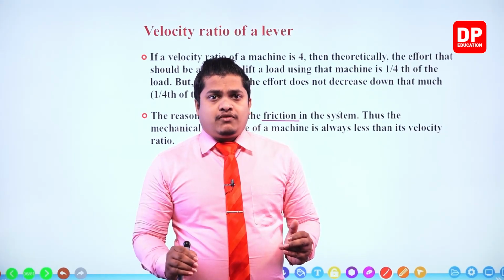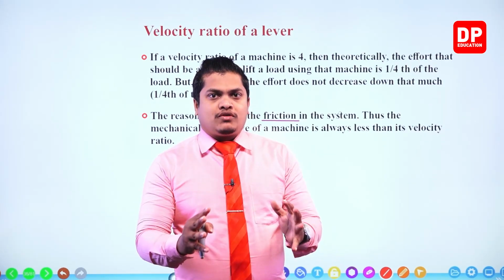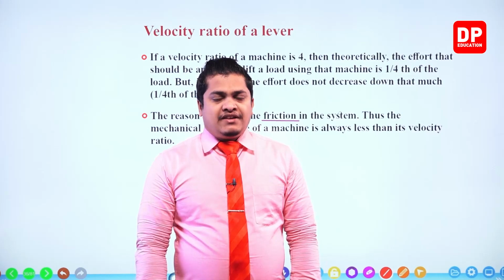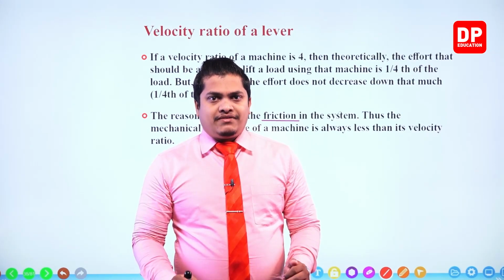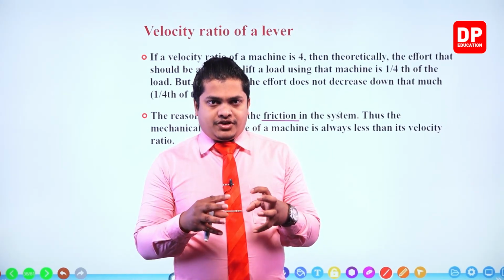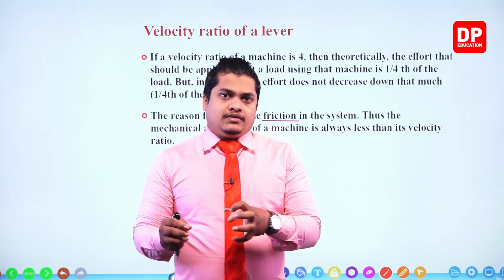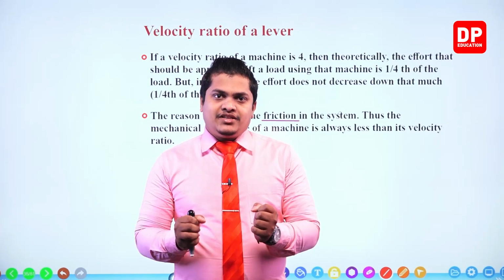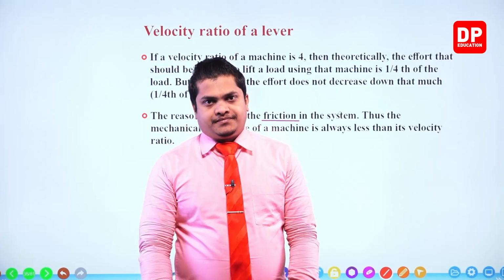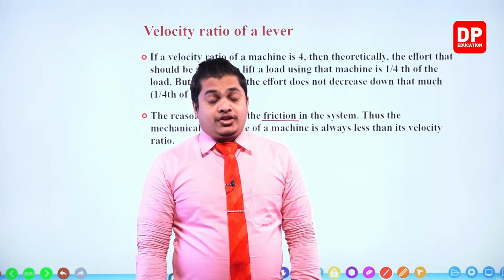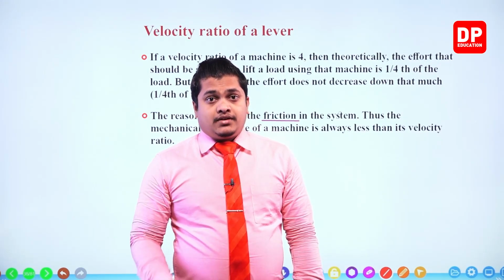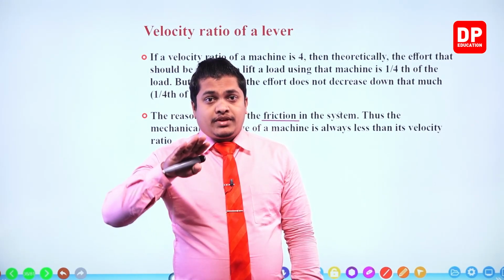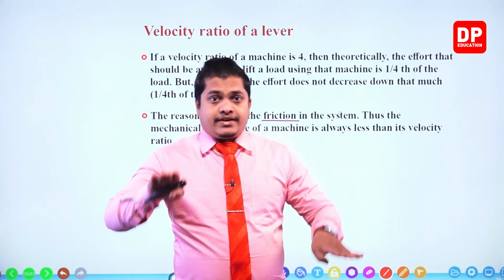Always the frictional force is acting against the motion of an object. Friction doesn't like the motion of an object. Always friction tends to stop a moving object. So my dear children, in a lever, from the pivoted point, you know that the lever is moving here and there.